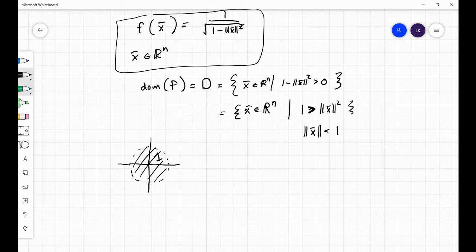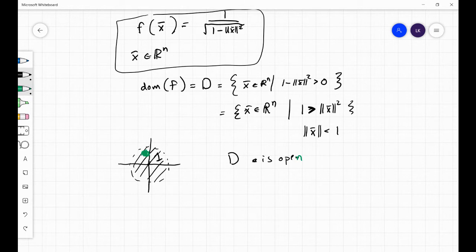Okay, so the domain was open. Every point in this unit ball has its own open ball, which is completely contained inside. So D is definitely open.